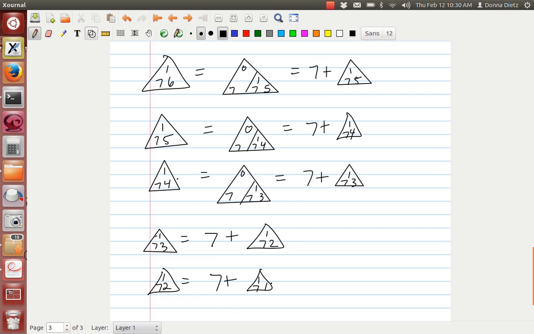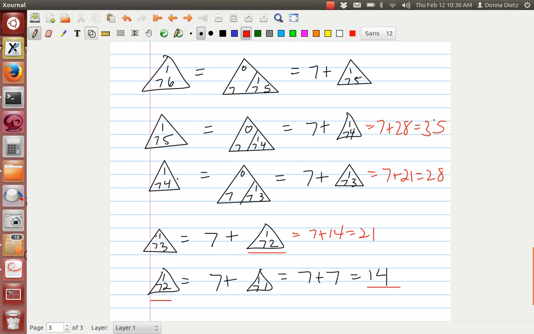Aha, we finally got the 1 in the right hand corner. Okay, so the way you backtrack this is now I'm going to write in red all the stuff that you write after the fact. Since we know that this guy is 14, then we just write 7 plus 14 is 21. 7 plus 21 is 28. 7 plus 28, 35. 7 plus 35 is 42.